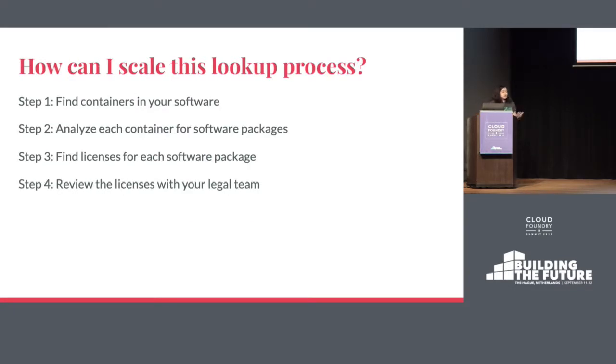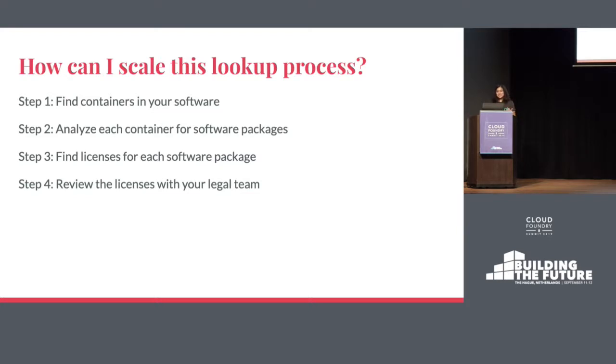Now, all this is good if you had a small app, but one of the problems we faced was that we had a really huge product which had many different teams contributing to it, and we didn't know if any one of them was actually shipping a container, whether there was open source software or not, and things like that. So what do you do in cases like those? We followed some simple steps.